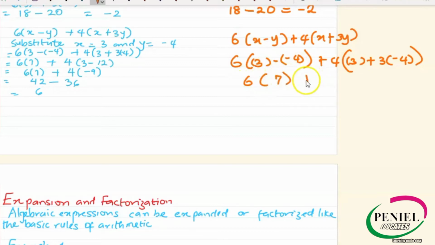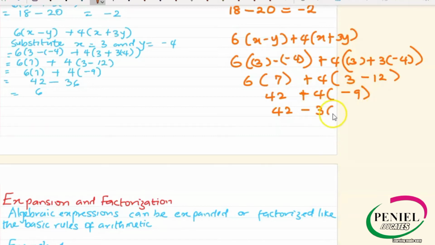All right, so we have plus 4 into, we have 3 times minus 4, which is going to give us minus 12. So this one is going to give me 42. Then plus 4 into 3 minus 12 is going to give me minus 9. So I have my 42 plus 4 multiplied by minus 9, which is going to give me minus 36.